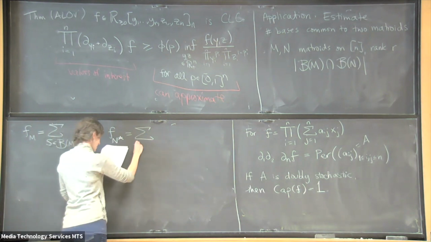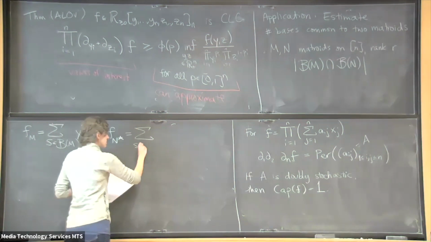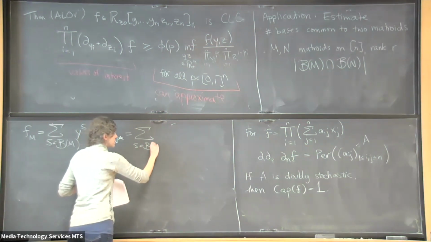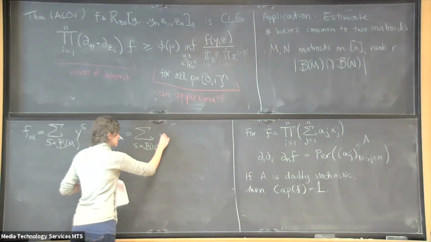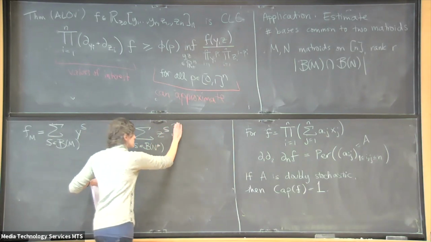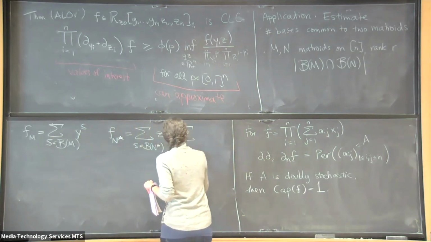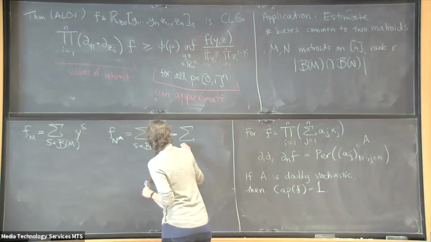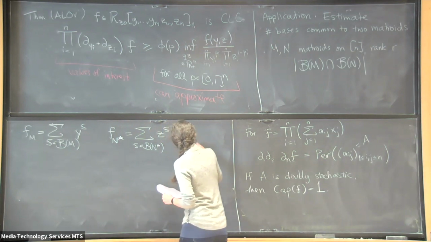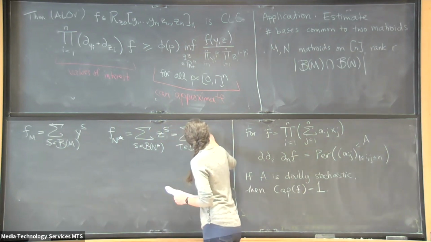I want to sum over the bases of something called the dual matroid, which is the same as summing over the bases of the original matroid, but taking the complement.